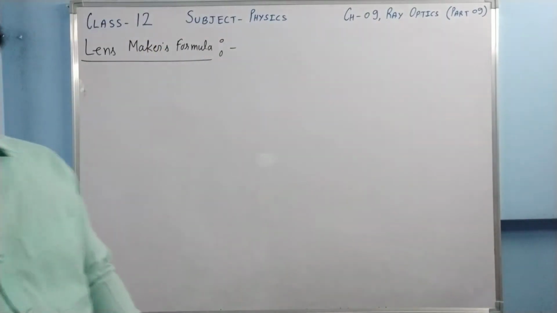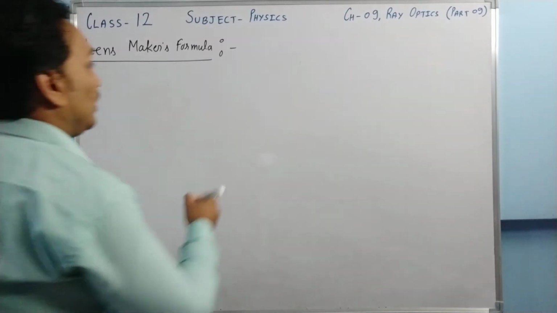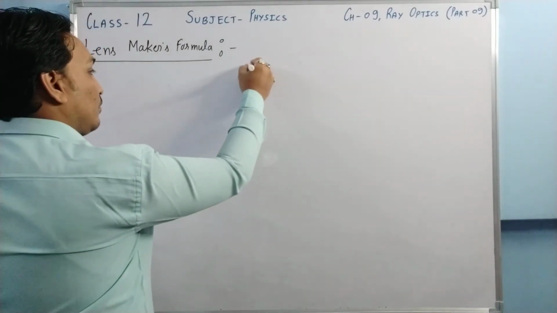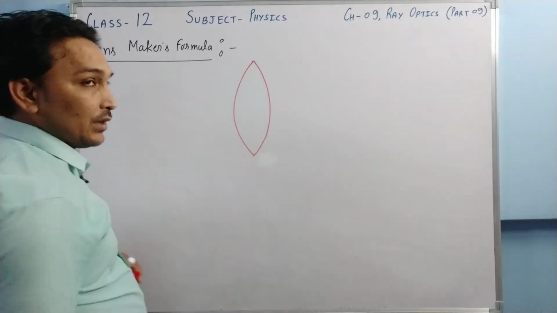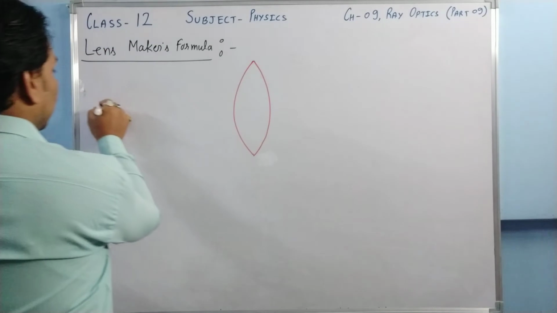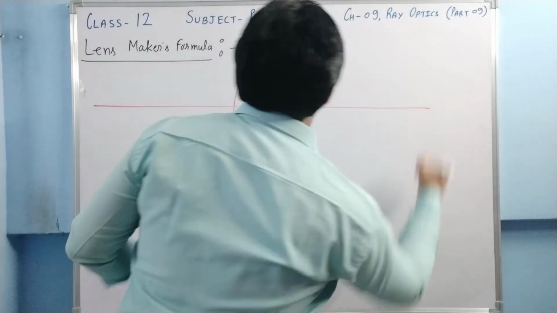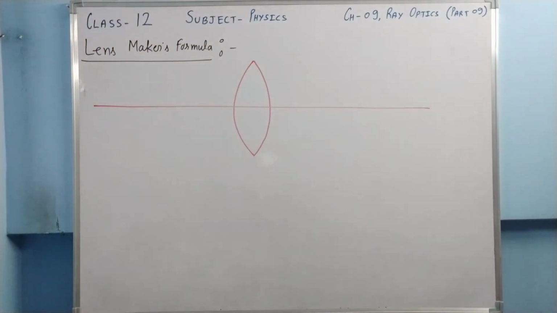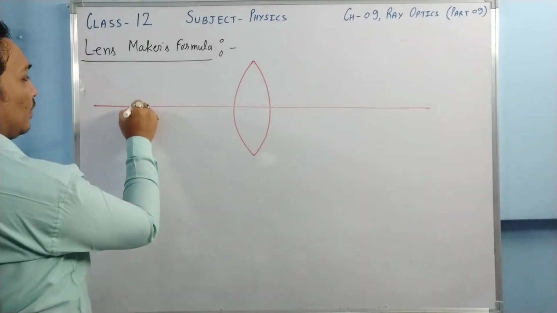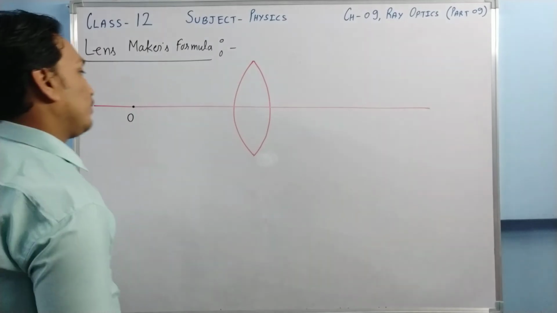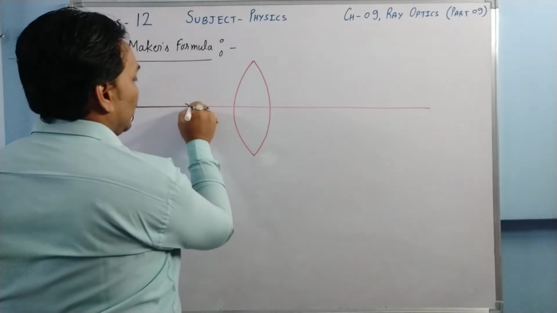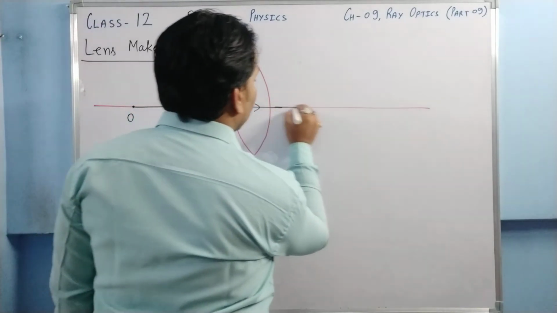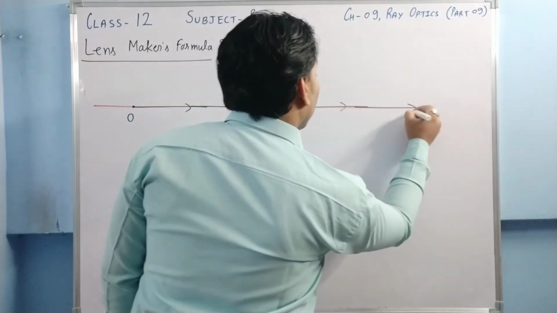Let us make a convex lens to understand. Say this is your convex lens, biconvex lens. And this is its principal axis. Now say this is our object O. From the object, one ray goes along the principal axis and goes like this only.